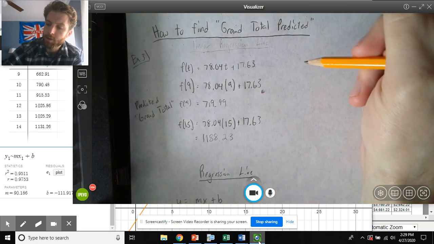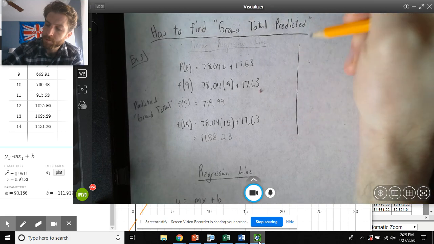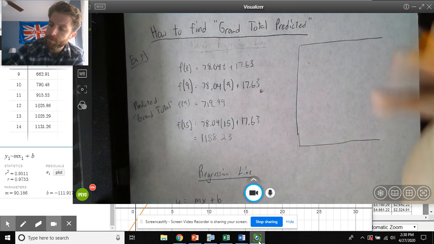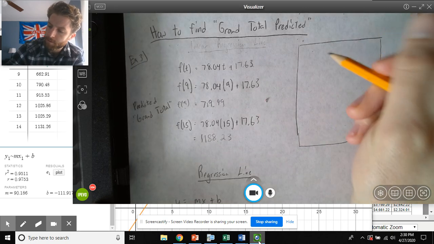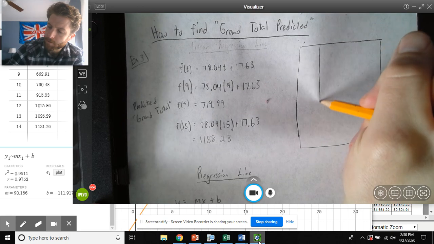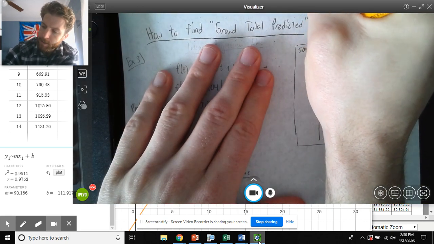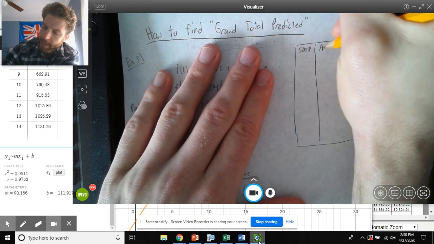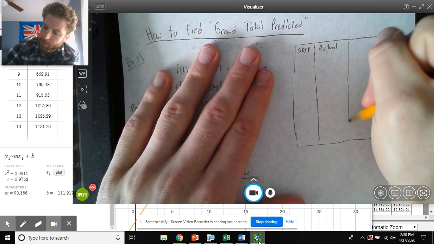Okay, so on your table, we have a column for SDIP level. We have a column for actual grand total, and then this blank one for predicted.